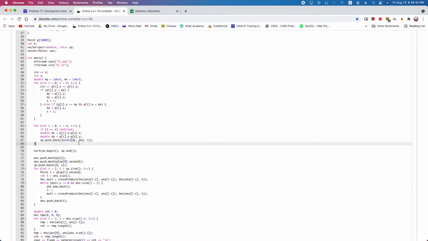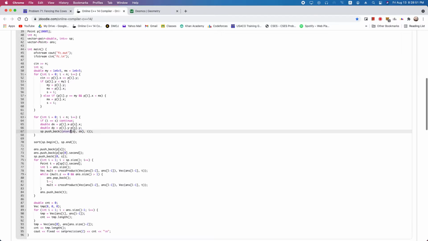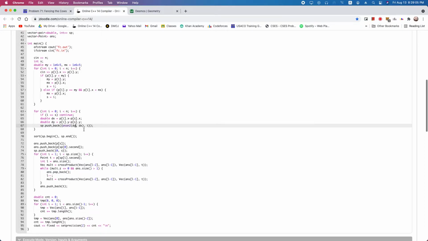Here you should use arctangent 2 instead of just the normal arctangent, because arctangent 2 will also take care of the case where the change in x is 0, meaning you have two points on the same vertical line.